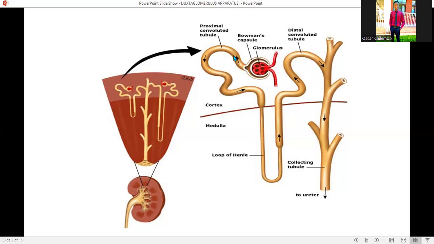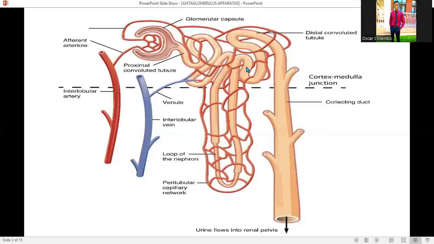In this session, we are going to concentrate on the juxtaglomerular apparatus, where the vascular afferent and the efferent are coming in the glomerulus, which is the Bowman's capsule, and where these two are actually meeting.